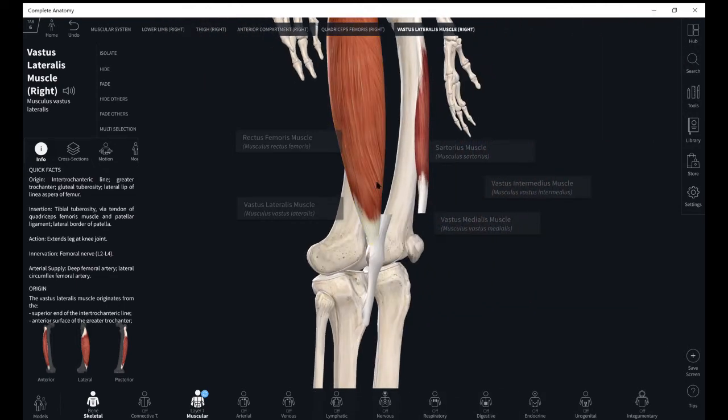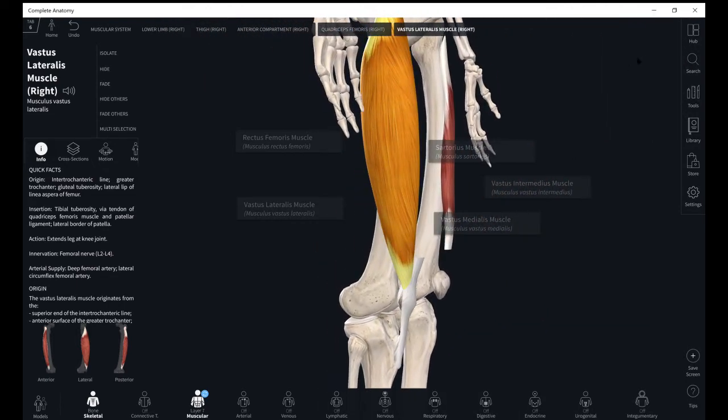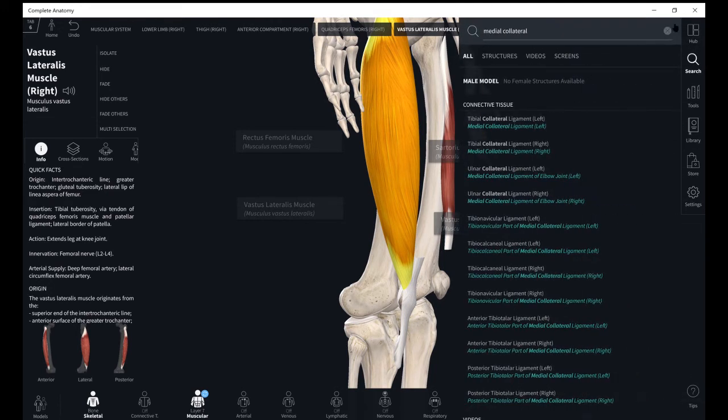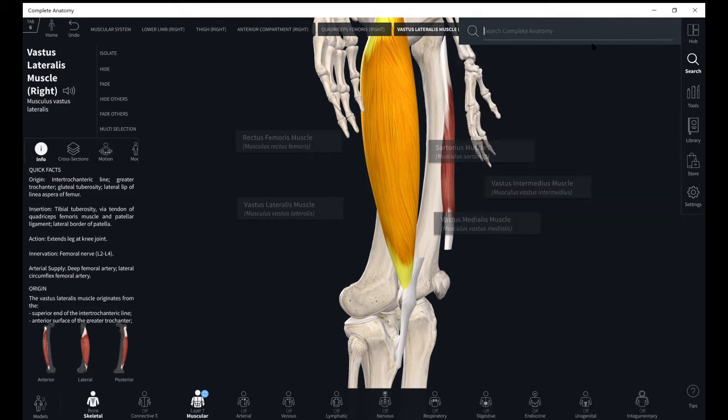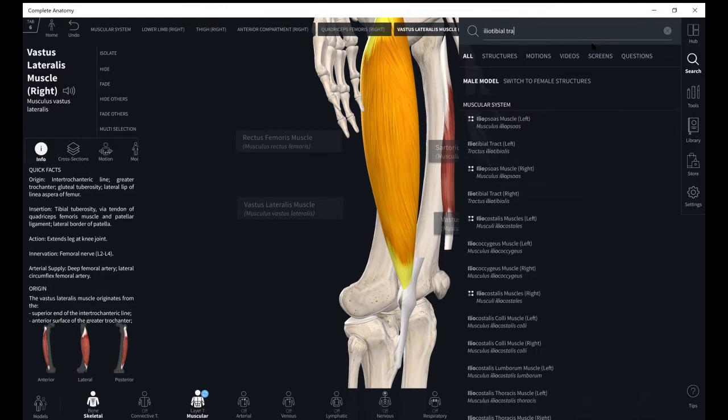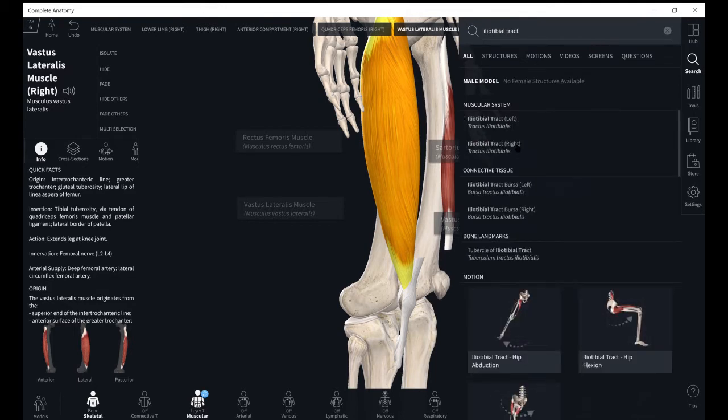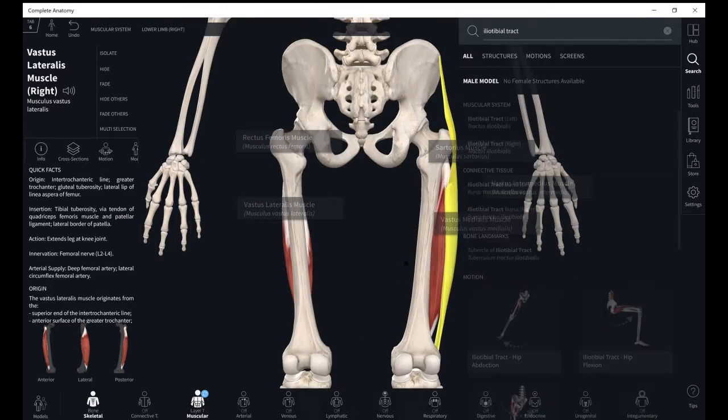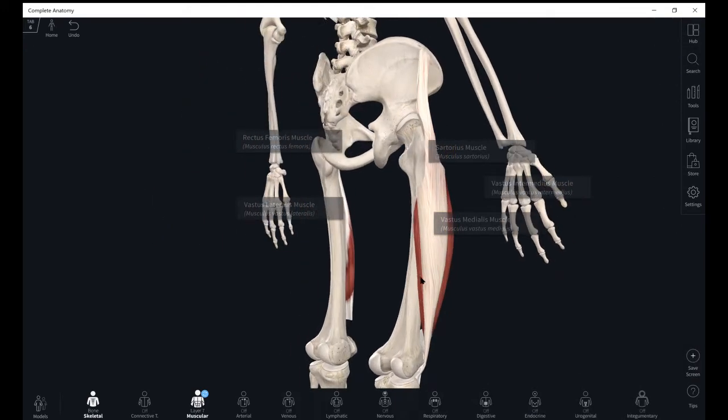One thing of note, it's not listed here, but let's try to put in the iliotibial tract, on the right. Okay, let's come back to it.